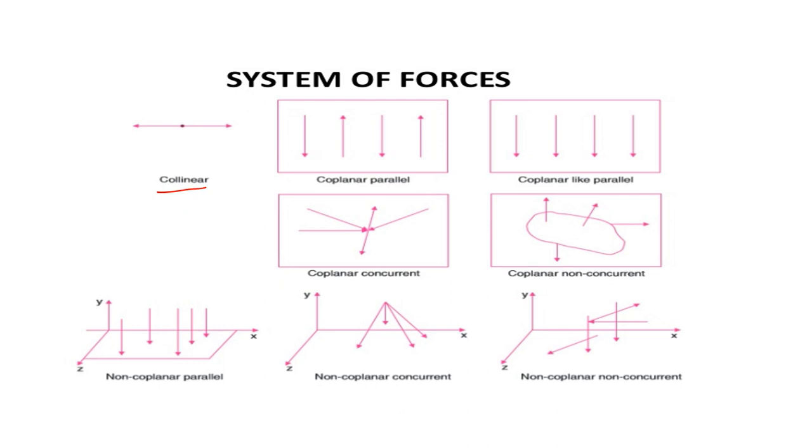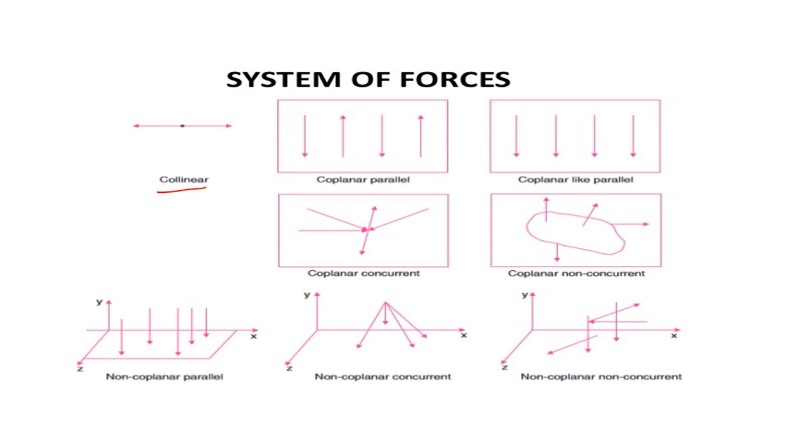That's collinear force system. Coplanar parallel means this is the plane and all the forces are acting in this same plane. So these are coplanar and they are parallel to each other. But one thing we have to note here, that the direction of some forces is downwards and some is upwards.